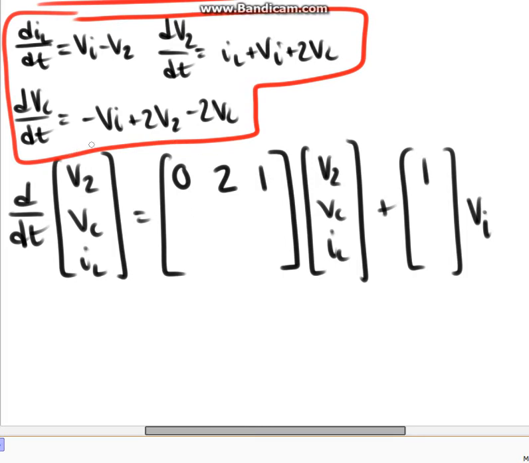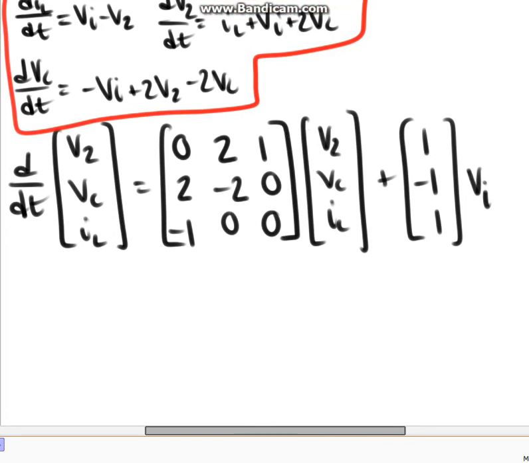Now for VC, we have negative 1 VI, 2 V2s, negative 2 VCs, and 0 ILs. And for IL, we have 1 input, negative 1 V2s, no VCs, and no ILs. Yay! We have the first part of our answer.